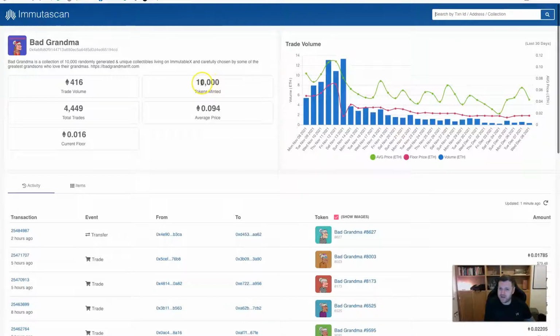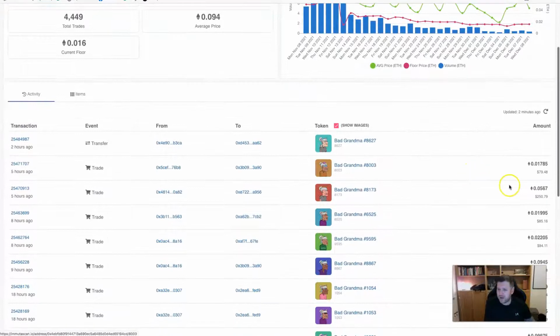So with 10,000 minted, a lot of people are trying to sell the ones they've got. You can see the floor has bottomed, or it looks like it bottomed at 0.2, but now it's come right down to 0.1, 0.15, so it's kind of holding at 0.15, and you can see the average price is coming down as well.